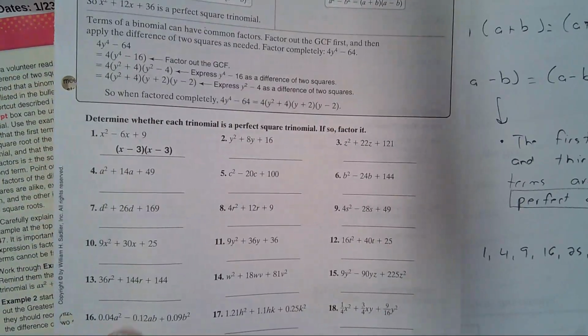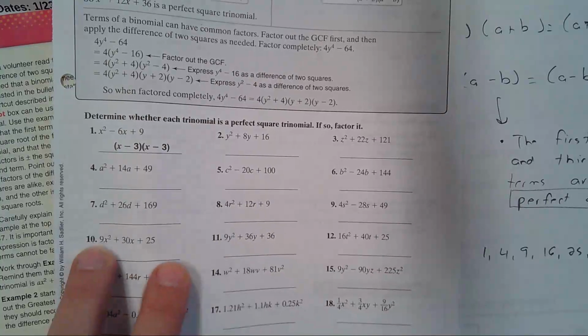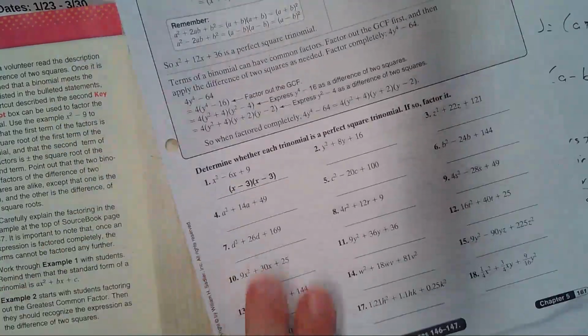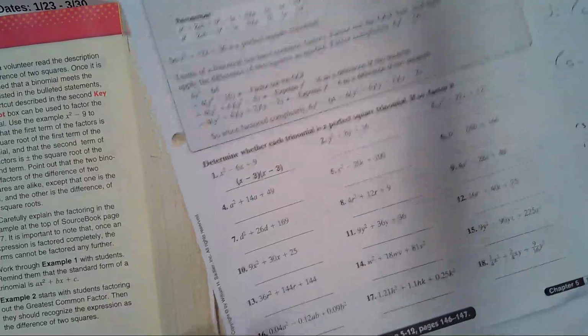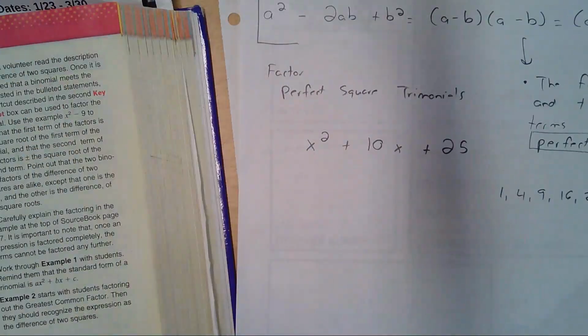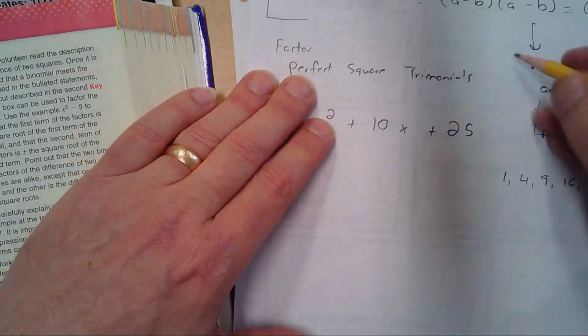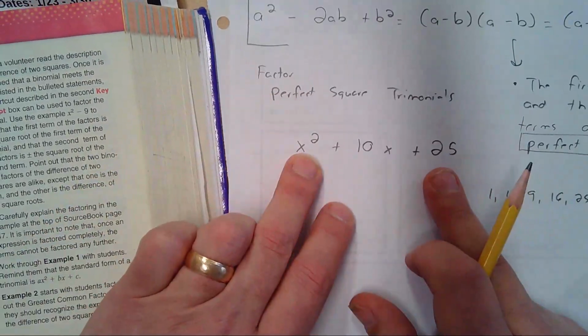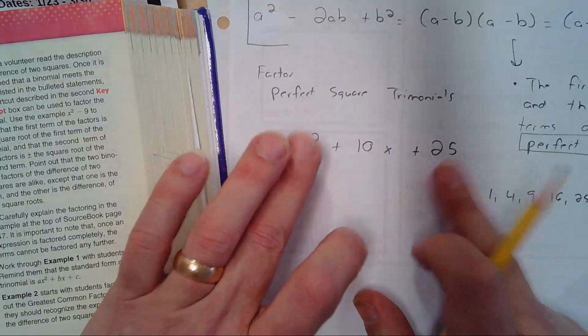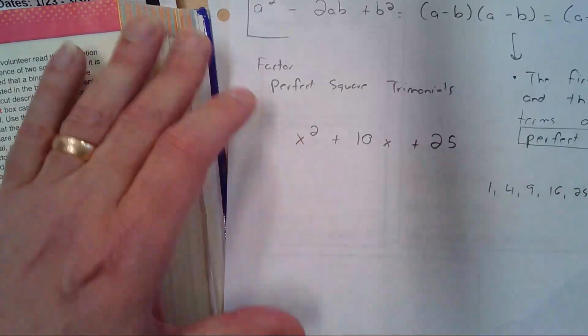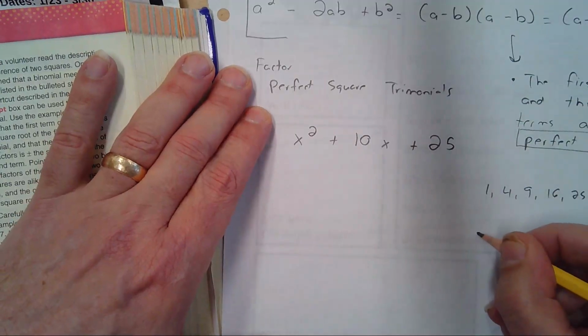And if you look a little closer at some of these problems, you'll probably realize all these first and third terms are indeed perfect squares all over the place. Okay. So this is the first thing. The first and third term have to be perfect squares. In this case, they are. Finally, the other thing that needs to be true is the middle term.